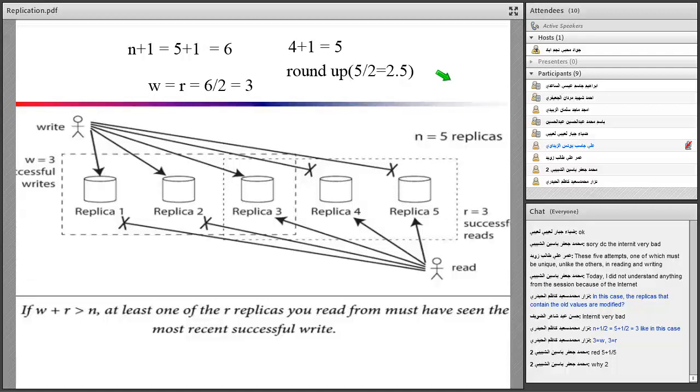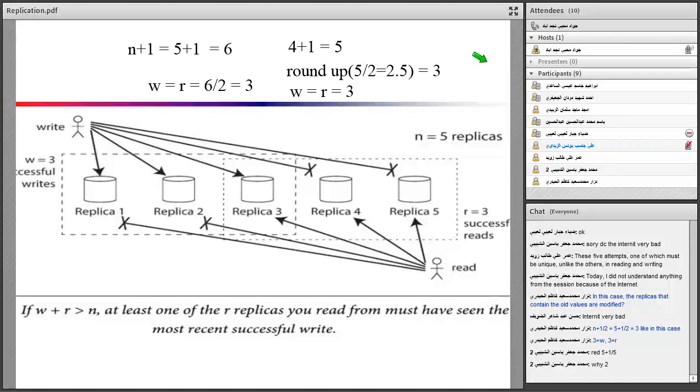So again when we have 4 replicas, W and R are equal to 3, because we need to round up, and so in this example the rounded up 5 divided by 2 is equal to 3. Yes.